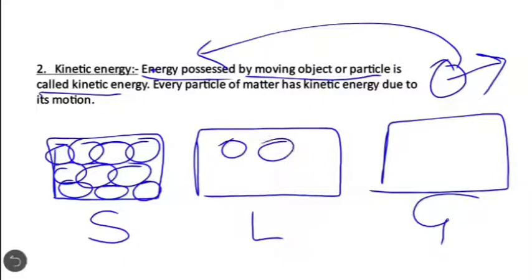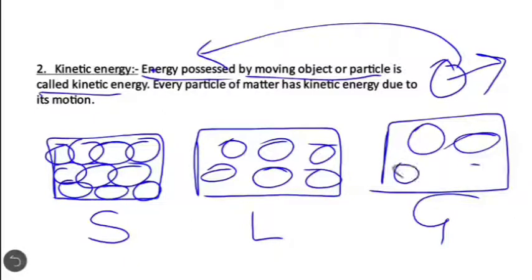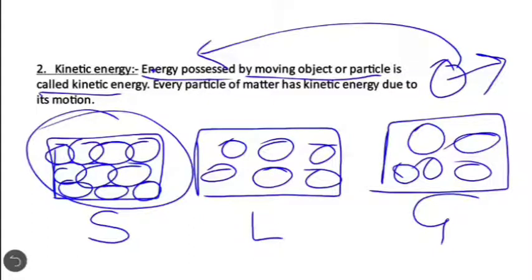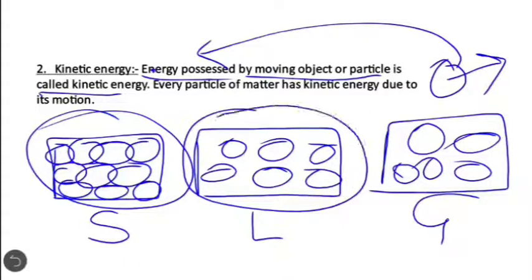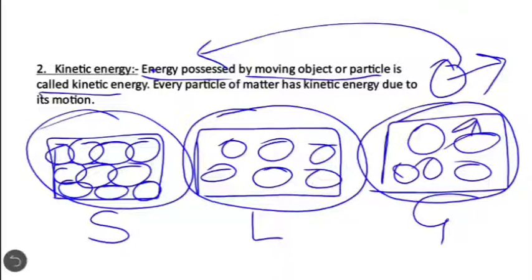So let's start. In a solid, particles are too closely packed, so there is no space to move, and when there is not much space to move, the energy will be the lowest. In liquids, particles are far apart and they can move. In gas, they are very loosely packed and can move very fast, so the energy will be the highest.